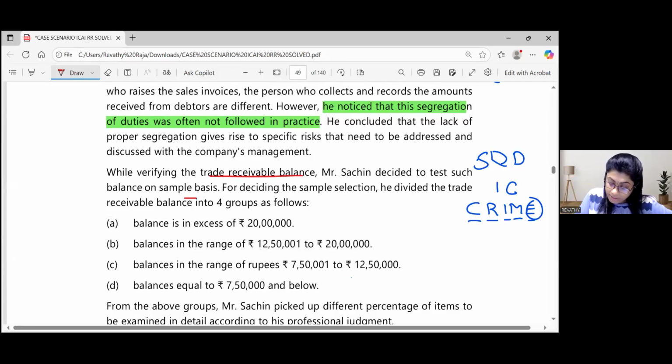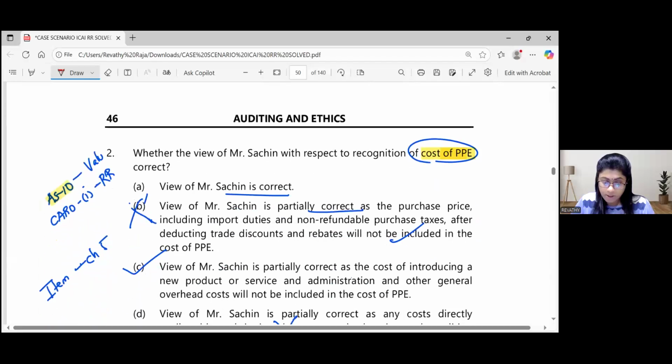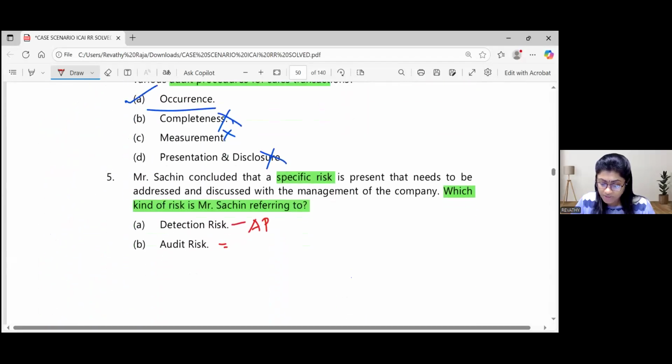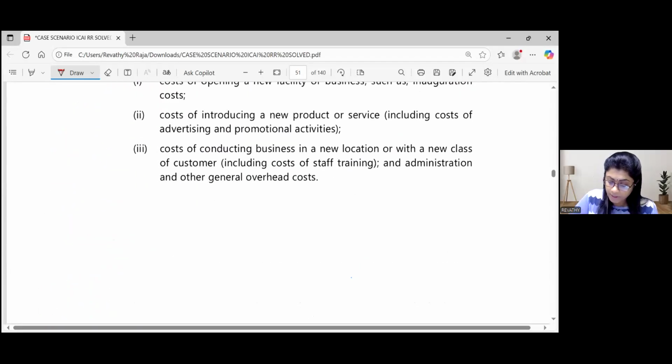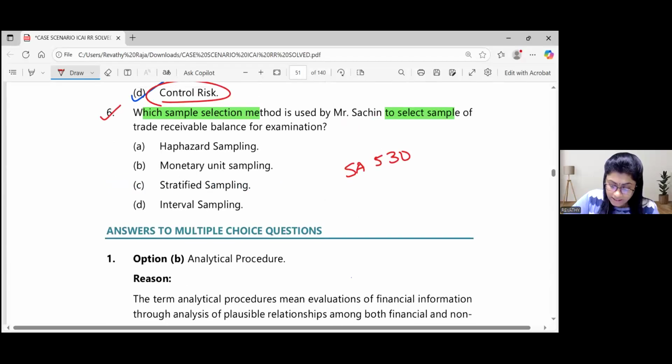He divided the sampling into 4 groups. Group-wise dividing, he will divide like this and take group-wise. Randomly, which one? Very good. It is stratified. Strata, group. Group means it is stratified. So the answer is C.